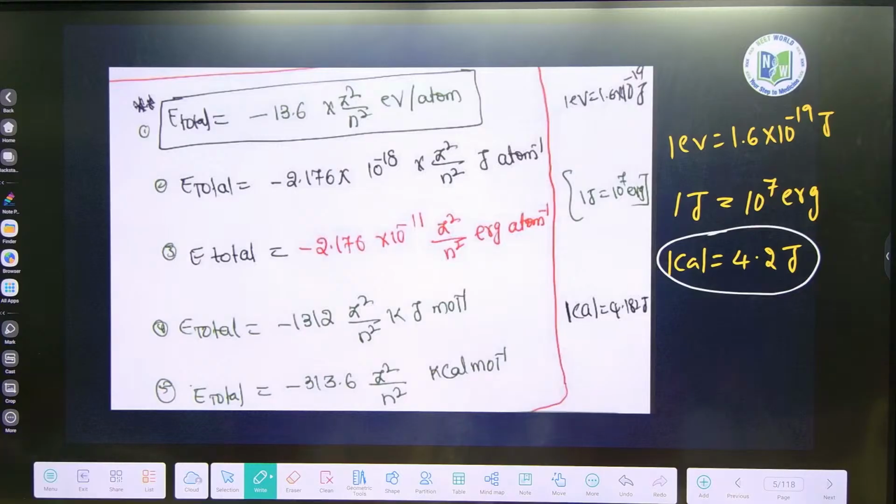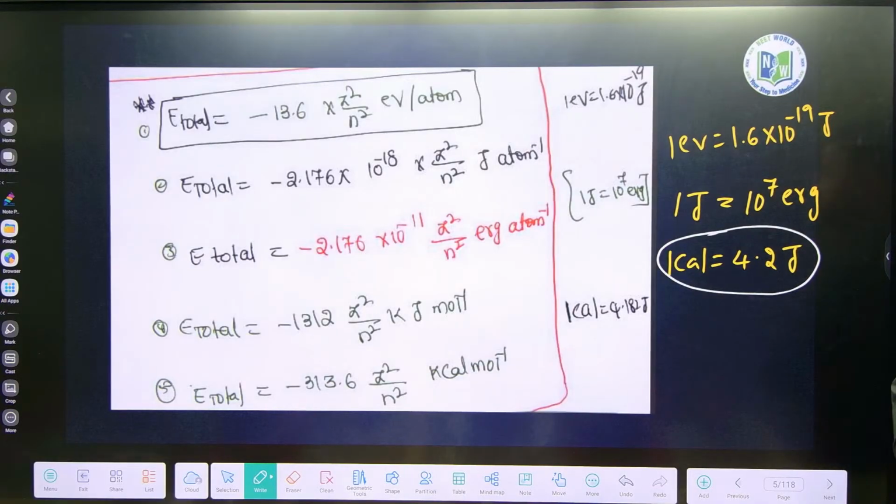Find the energy of an electron which is revolving in the second Bohr orbit of hydrogen atom.